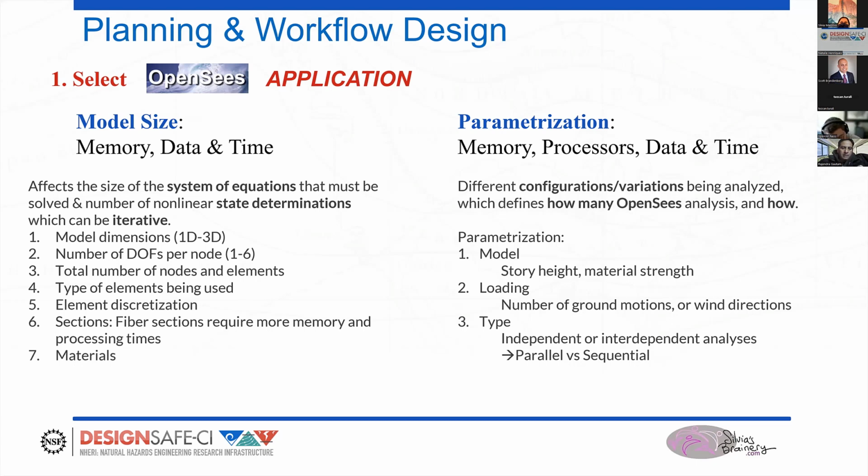You shouldn't really be using fiber sections in all your elements across your entire structure. And if you just optimize that, you may not even need to go to any sort of larger capacity OpenSees application. So this is something I really wanted to get across: optimize your model size and reduce it as much as possible, okay?